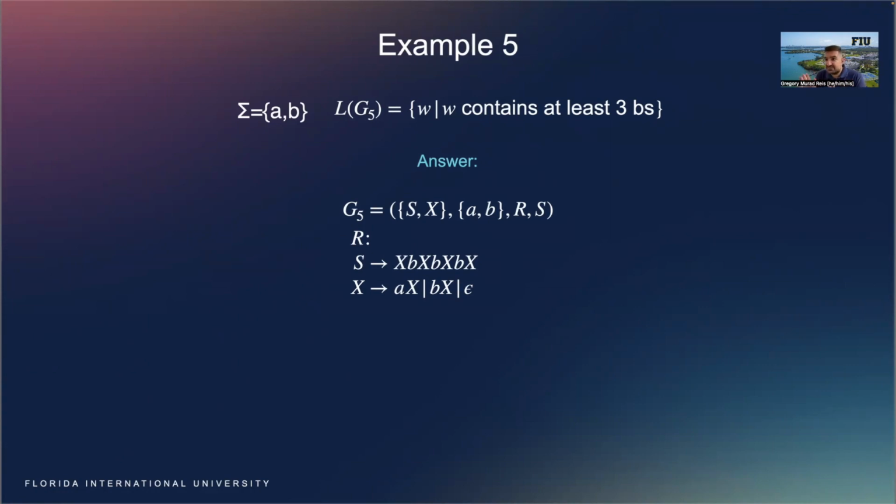Maybe there are only 3 B's, nothing else, so I need this X to also produce empty. The same thing occurs between the first and second B's. Anything. What is anything? It's a variable X that can generate any amount of A's or B's in any order. That's why X can produce AX or BX. X in turn can generate more A's or B's or empty.